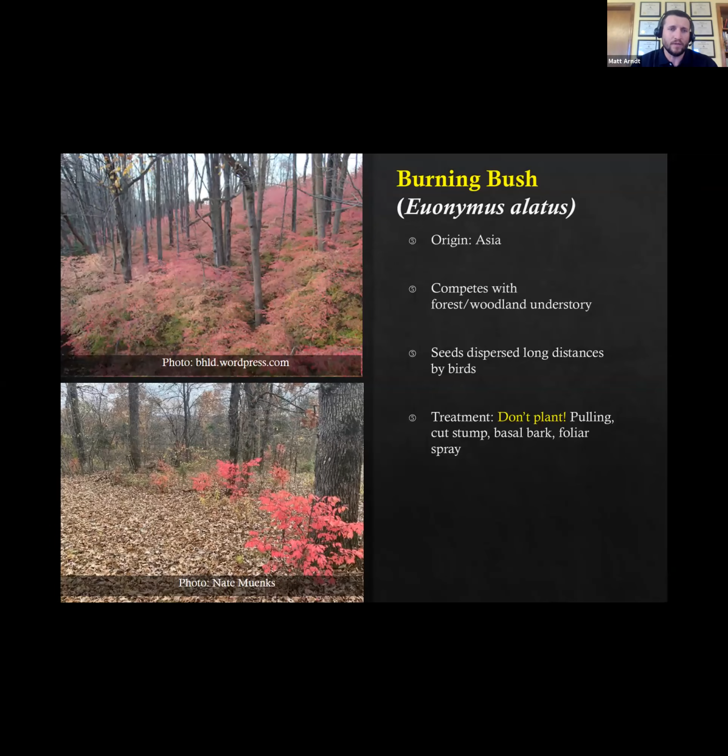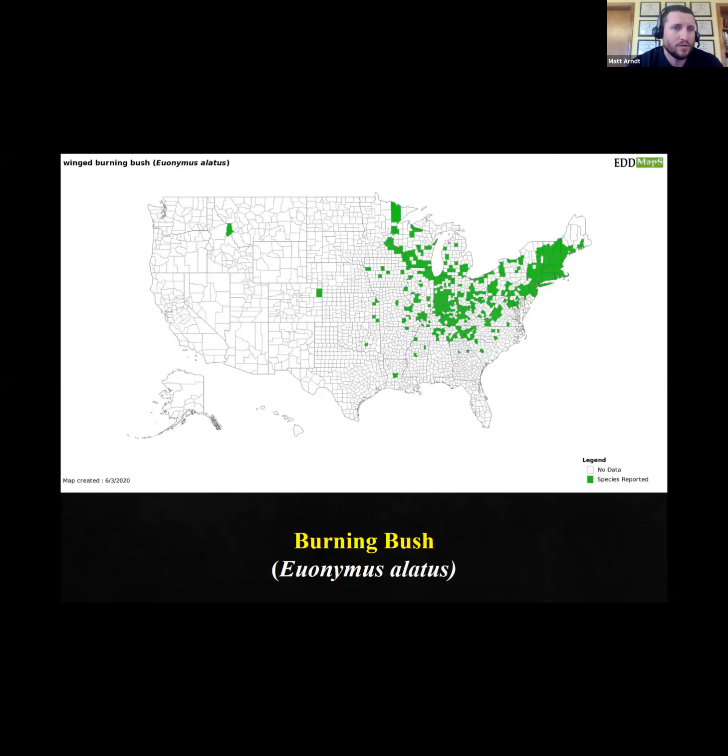And that's a common trend on a lot of these species, the lack of data. Burning bush is a little bit of an anomaly in this list, in that the EDDMapS distribution shows it being very, very widespread and scattered, whereas right there, you can see only a handful of counties show up, even close to Missouri, in the surrounding states.